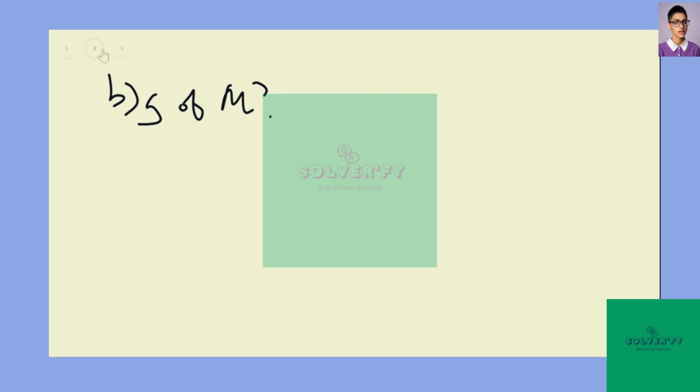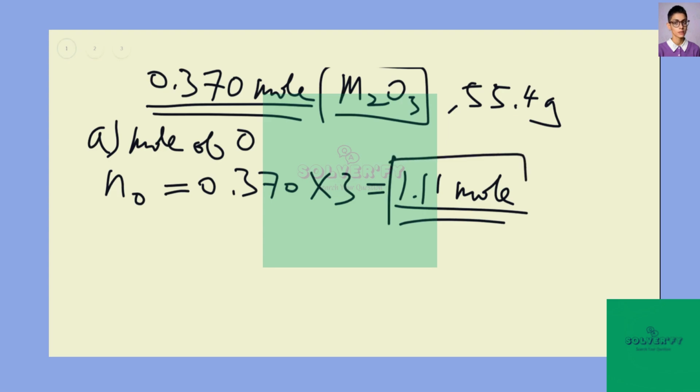So what would be the mass of our metals? We have M2O3, and the total mass is 55.4 gram. If we subtract the mass of oxygen, we can find the remaining mass corresponding to the metals.